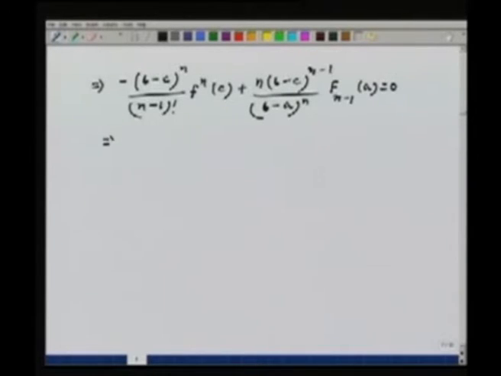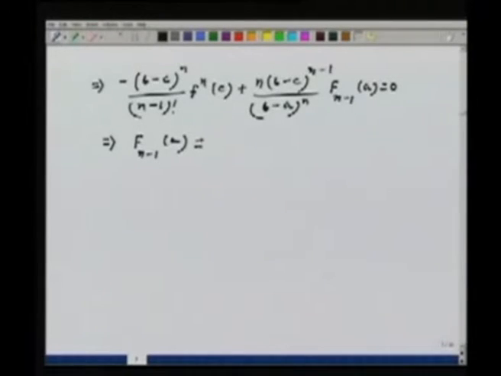This would then imply that F_{n-1}(a), remember the way I have defined the function capital F_{n-1}, my job was to show that capital F_{n-1} at a is actually the last term in the Taylor series, that is the term involving c, which we will see how it comes out.